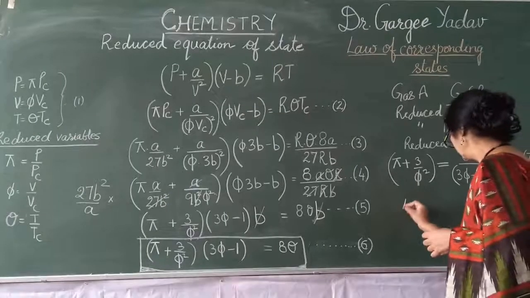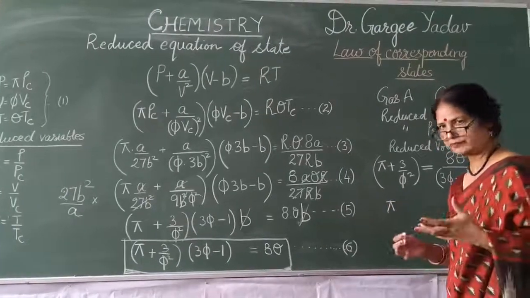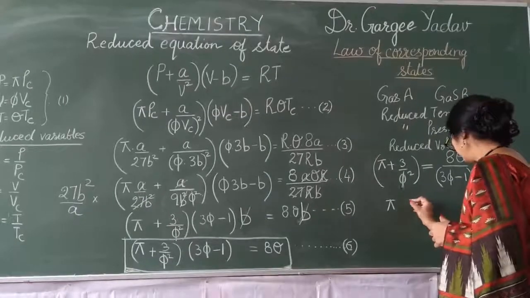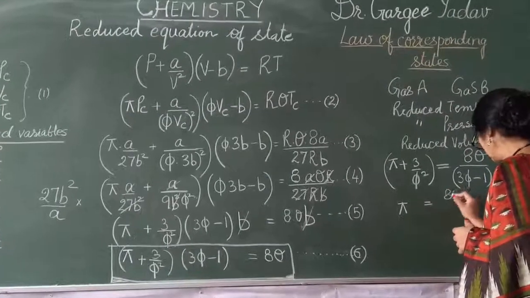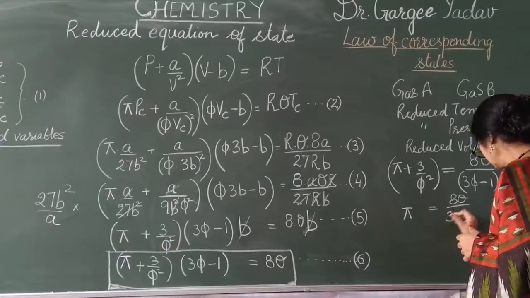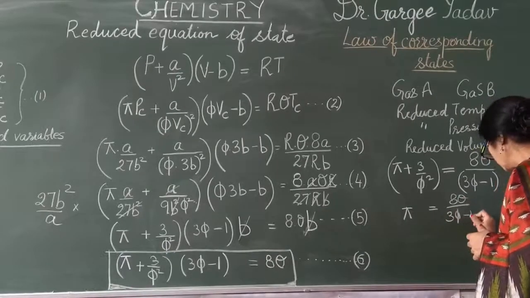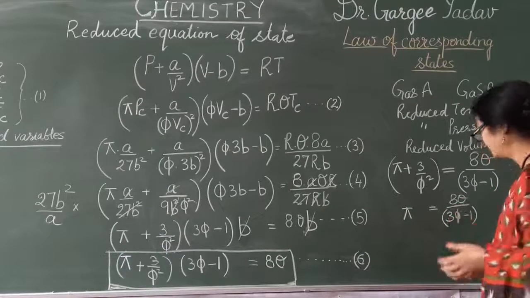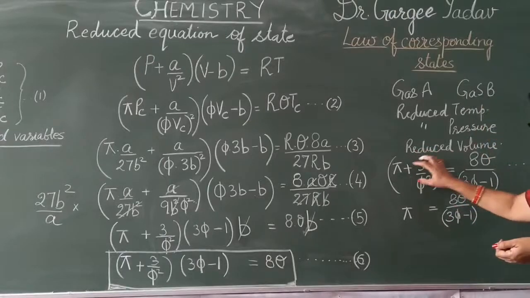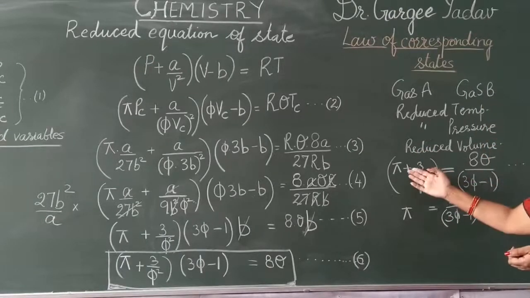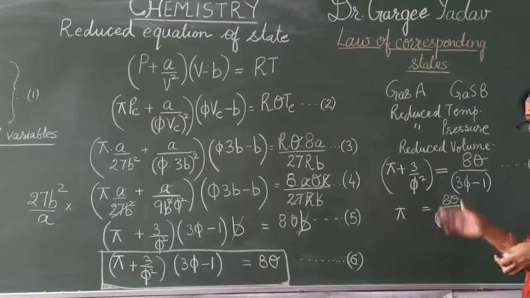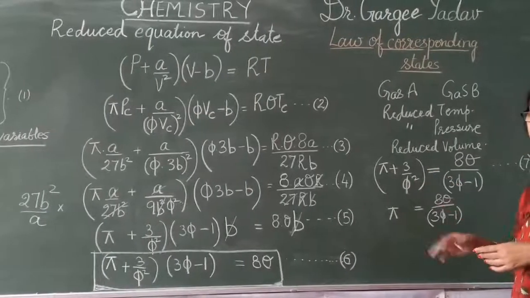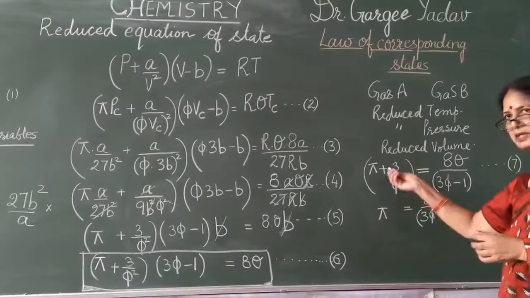Again, a bit more of rearrangement. 5 will be equal to how much? 8 theta divided by 3 5 minus 1. And when we bring this to this side, this is plus 3 upon 5 square. When we bring it to the other side of the equation, definitely the sign will change.